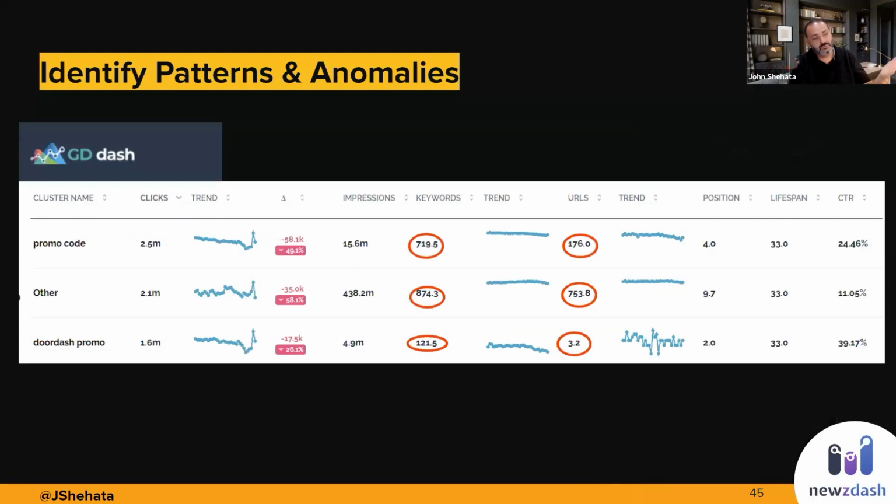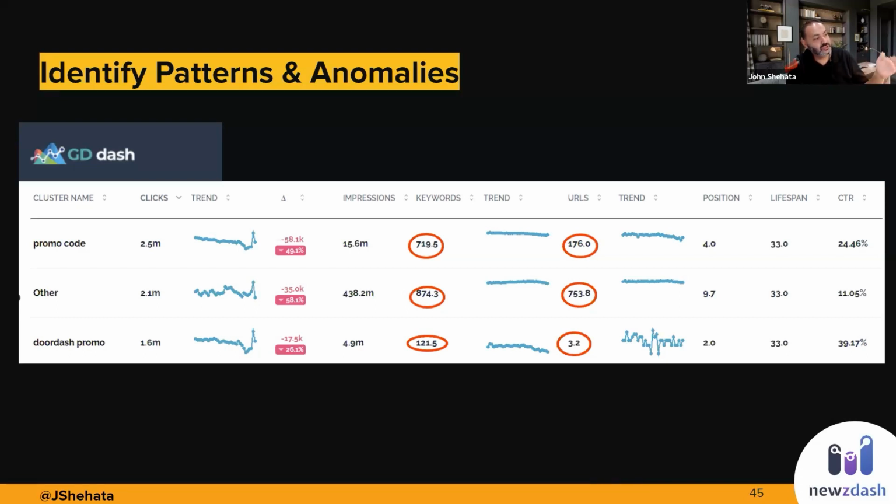So this is, for example, GDDash, where gddash.com is a tool that helps with these kinds of problems for big sites. That site has 500 million keywords. What do you do when something happens to traffic, right? We dynamically categorize every keyword into a group of keywords, and we say, do you know what?